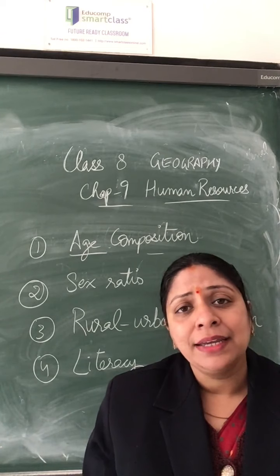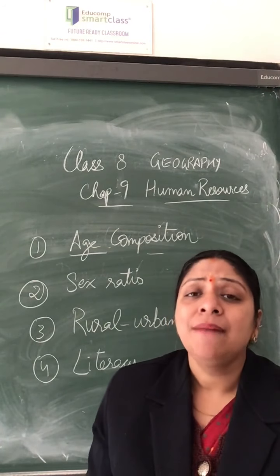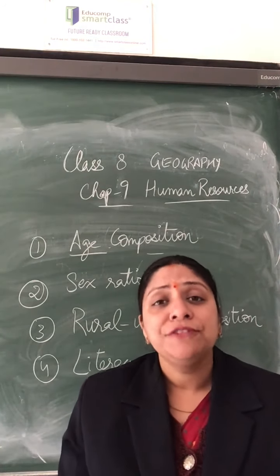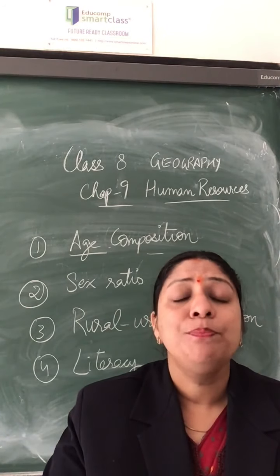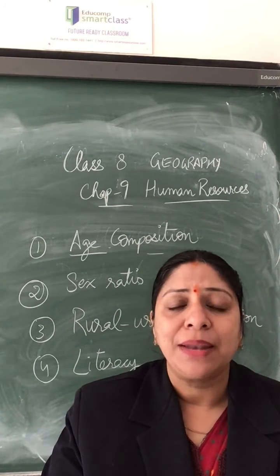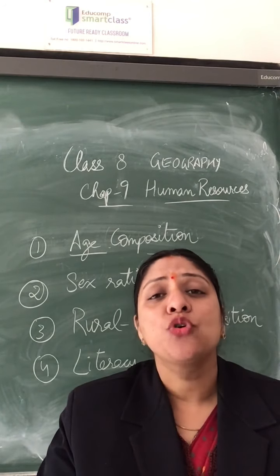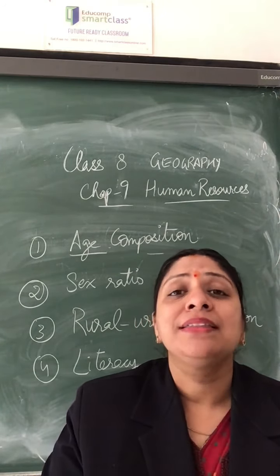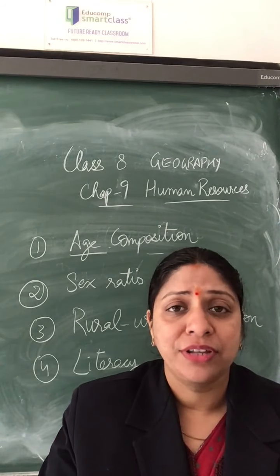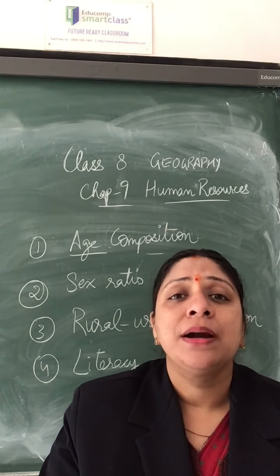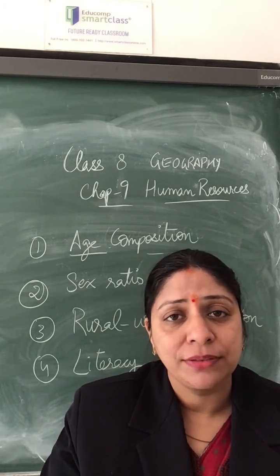The second category is the age group between 15 years and below 65 years. That means these people are quite young and they have so much energy left in them that they can do something productive for the country, and therefore they comprise the working population.